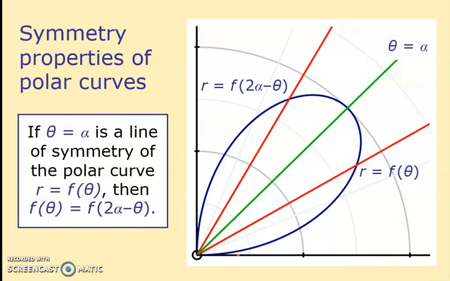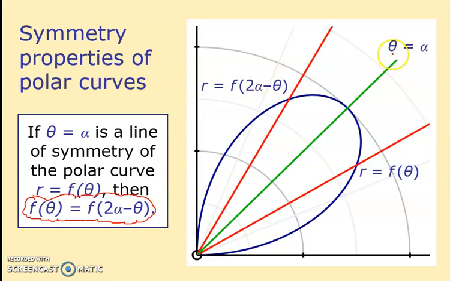See, I've got answers here. So anyway, we're looking now at symmetry properties of curves. Now this posh formula here, this bit I'm sort of circling, is actually the formula that we are meant to quote. And it says basically, if theta equals alpha is a line of symmetry.